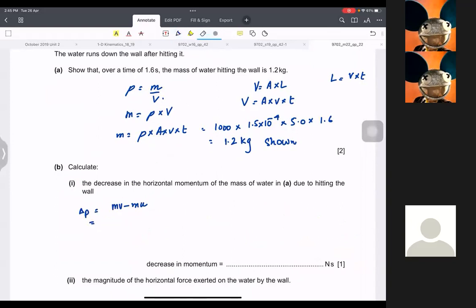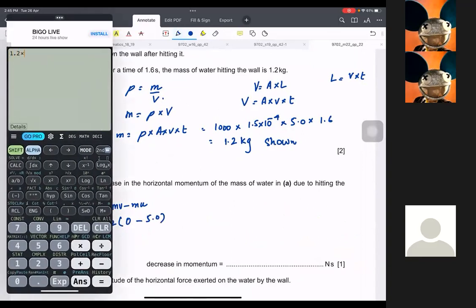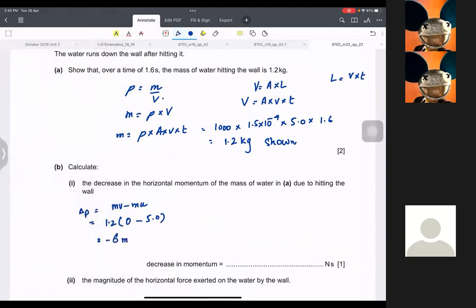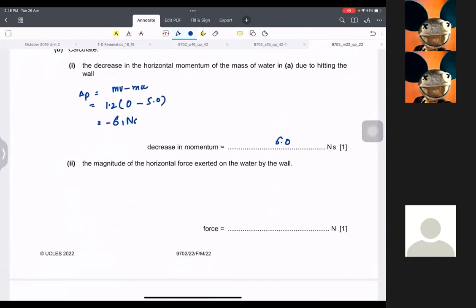This is going to be 1.2, and final velocity was 0, initial velocity was 5. So that would be 6 newton second. You write 610 please, because we want to write significant figures.